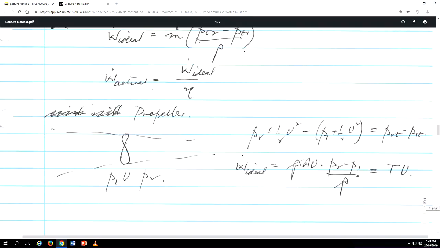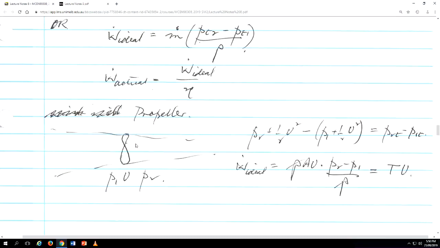So the ideal amount of work is the total pressure here minus the total pressure here. But approximately speaking, going through this propeller, the actual streamline velocity is not changing locally here. But the pressure is, because the propeller's pushing on the flow.